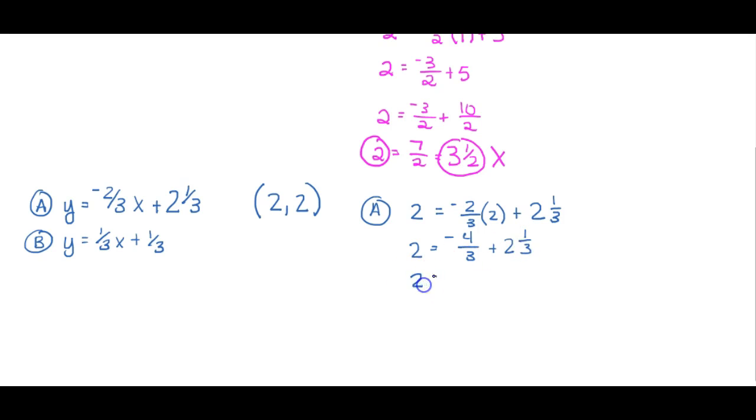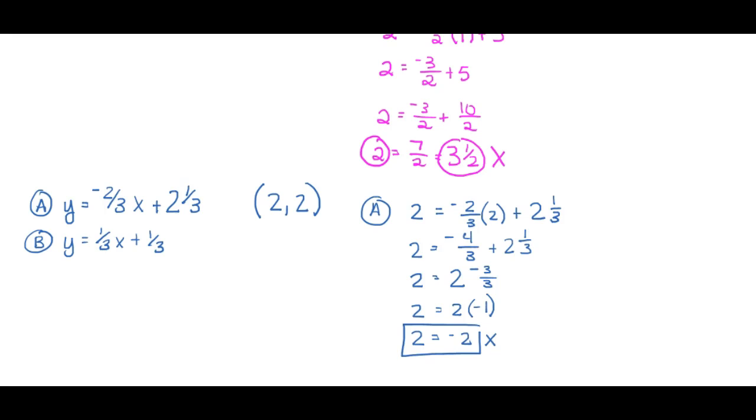So we get 2 equals, let's see, we have two wholes. Negative 4 plus 1 is going to be negative 3 over 3. So 2 equals 2 times negative 1. Probably should have converted this differently, I apologize. So this is not correct.